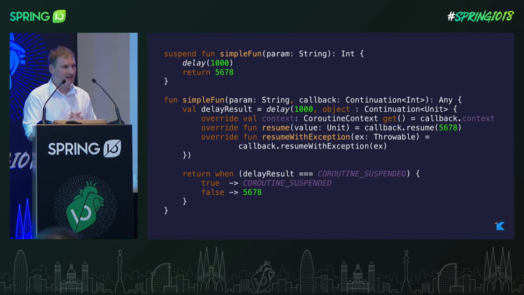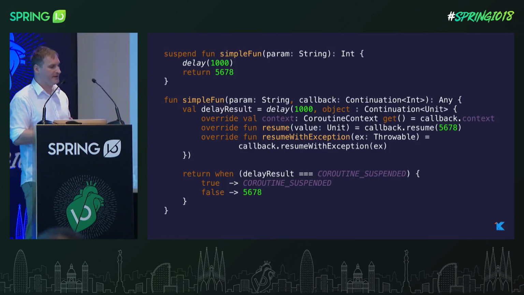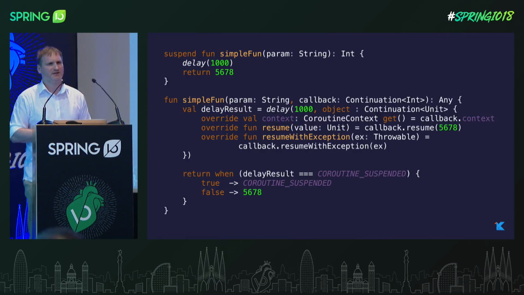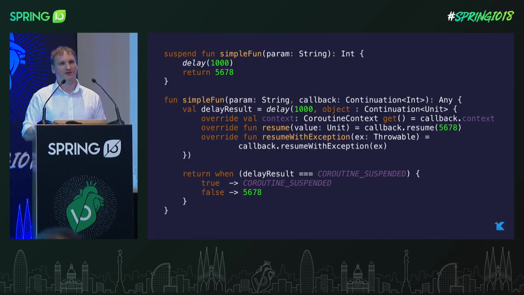Here you can see a simple function. It's got this modifier suspend, which means that it's a suspending function. In Kotlin, we write asynchronous applications with coroutines, which are created using suspending functions. A suspending function is a function which can suspend its execution.